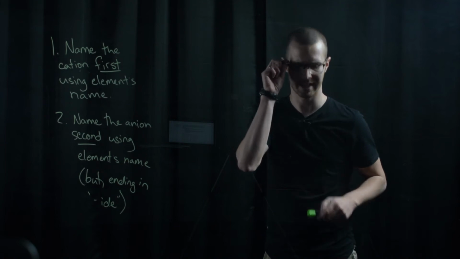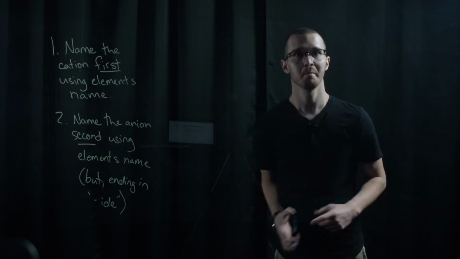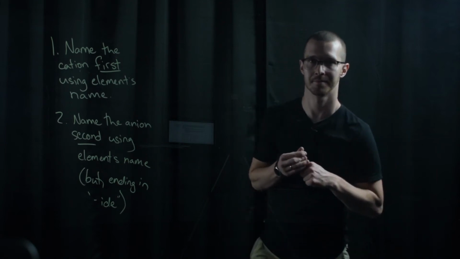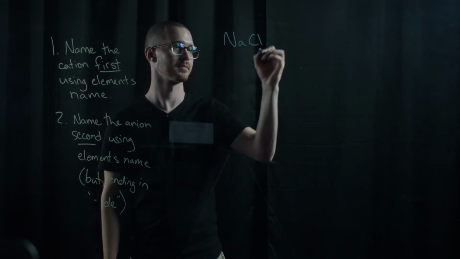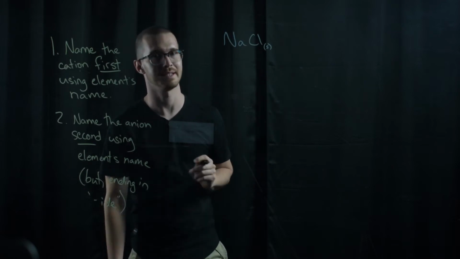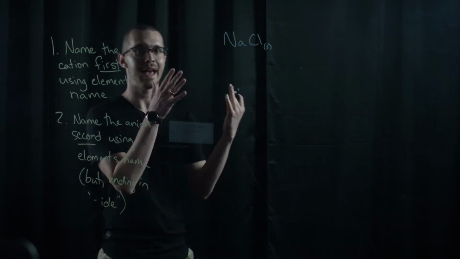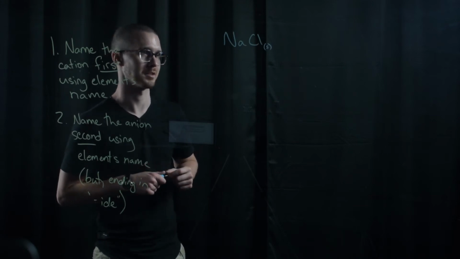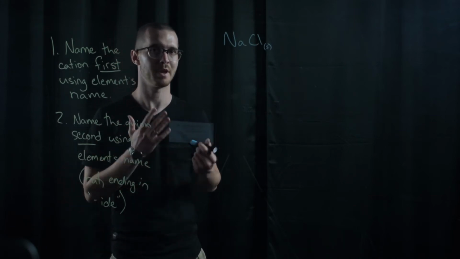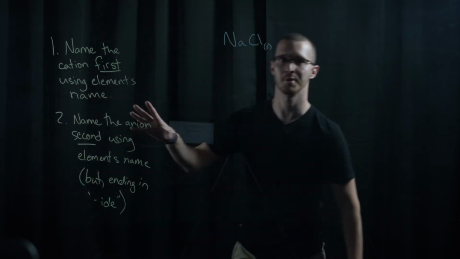So let's look at some examples. One that we're most familiar with is table salt. That's NaCl. That exists as a solid at room temperature. Now if you know the name of table salt, you can go straight to it, but we can look at that first. Let's look at it according to our naming rule.